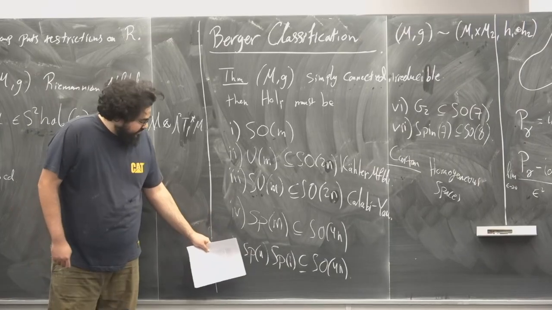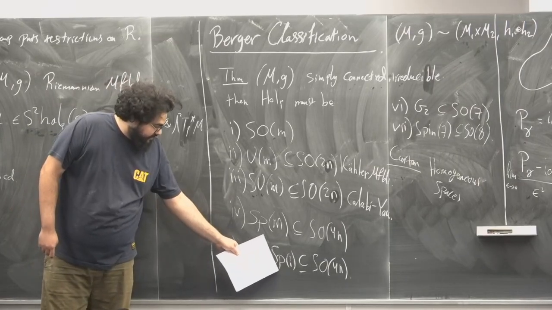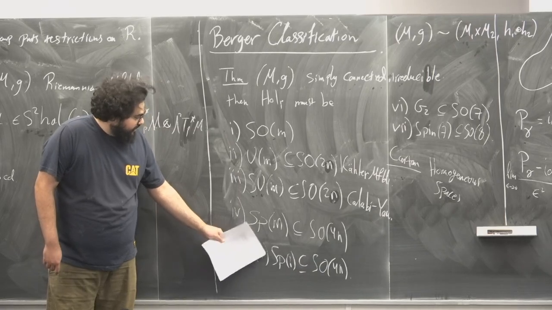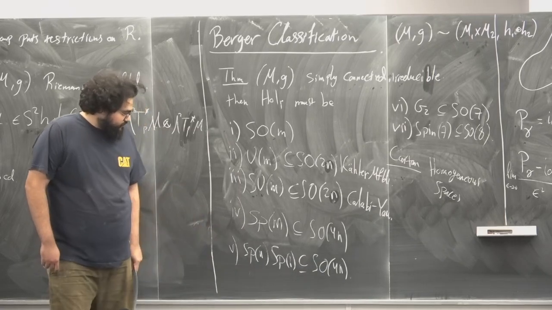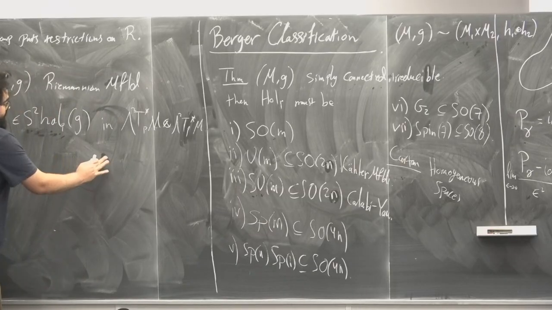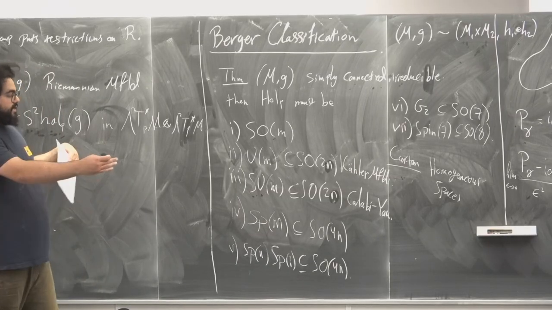These ones are funny, the Sp(n), Sp(1) and Sp(m). This is a weird thing that happens when you have the quaternions, because you have two ways of acting.